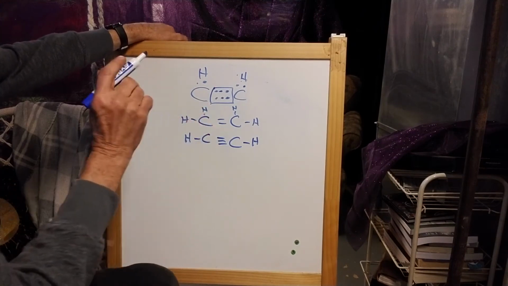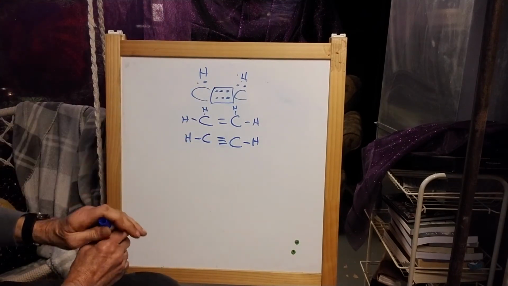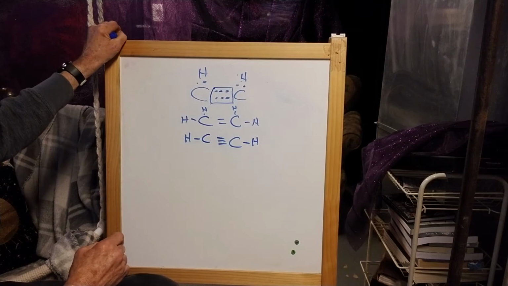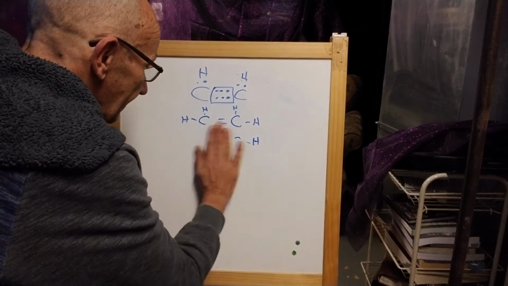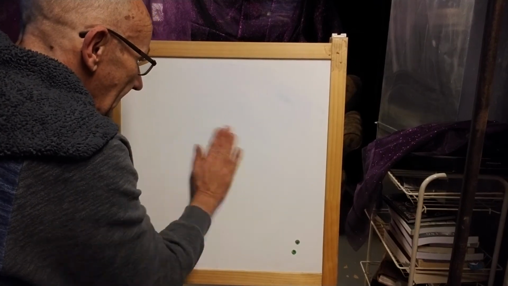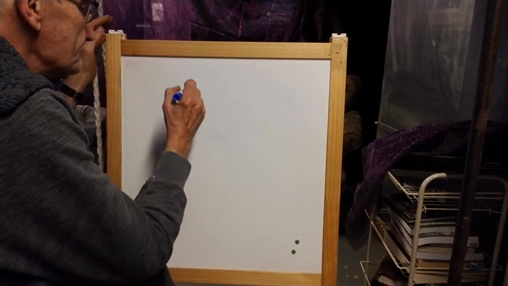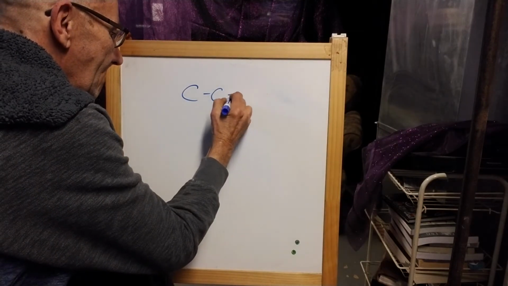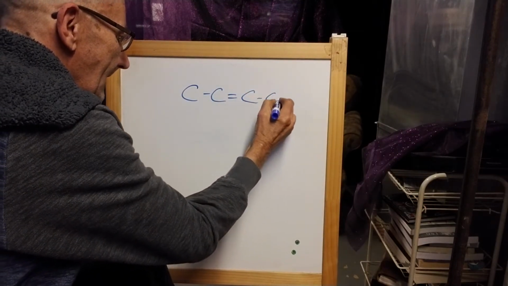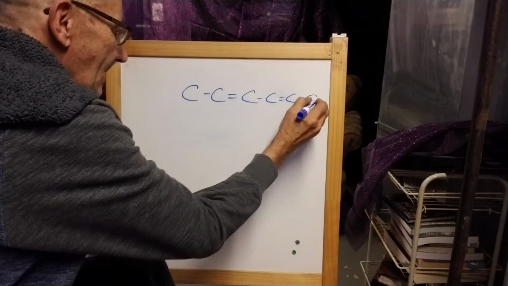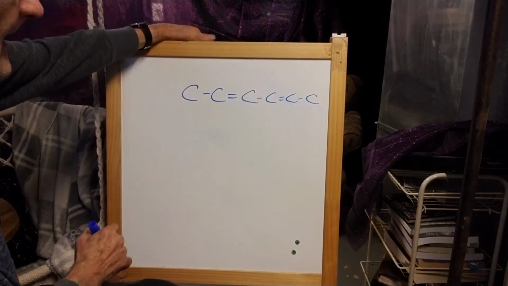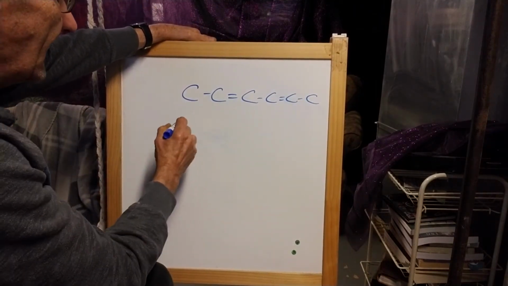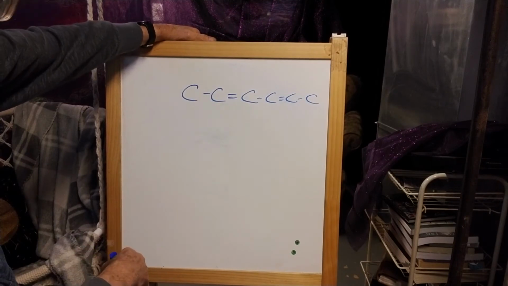Now, the reason I want to point this out with the double and triple bonding is this. When you have this, you could draw it with the dots, but why would you?